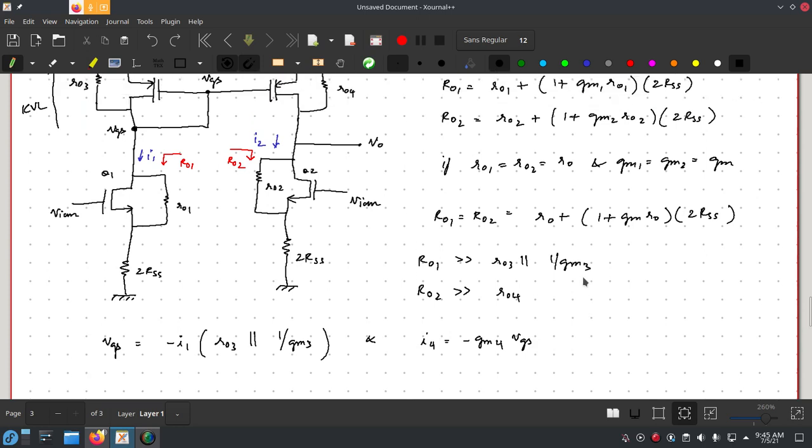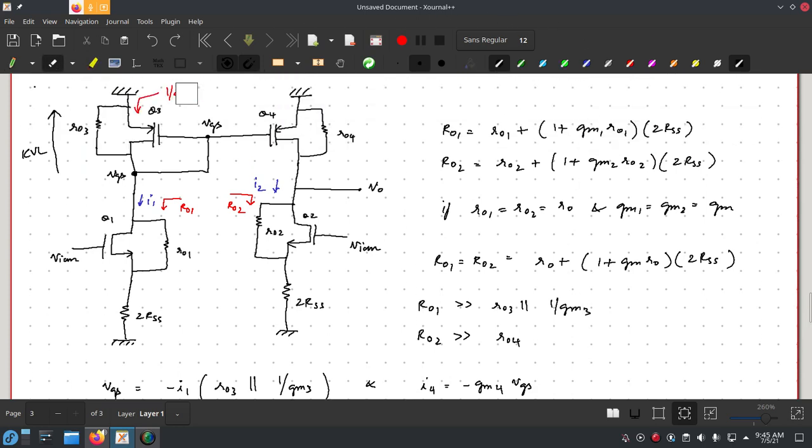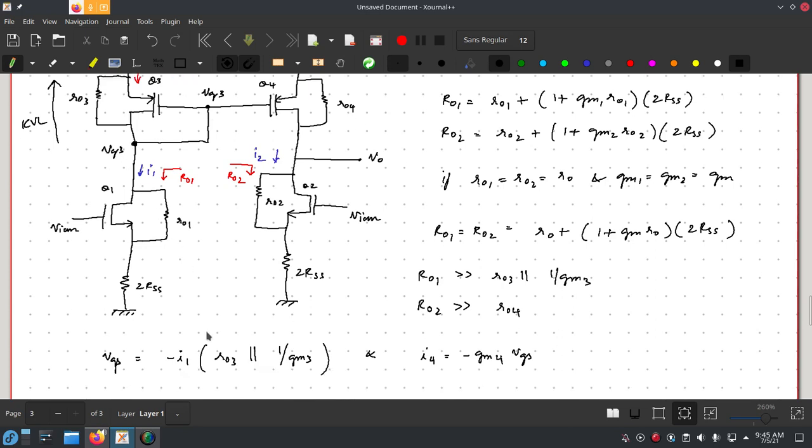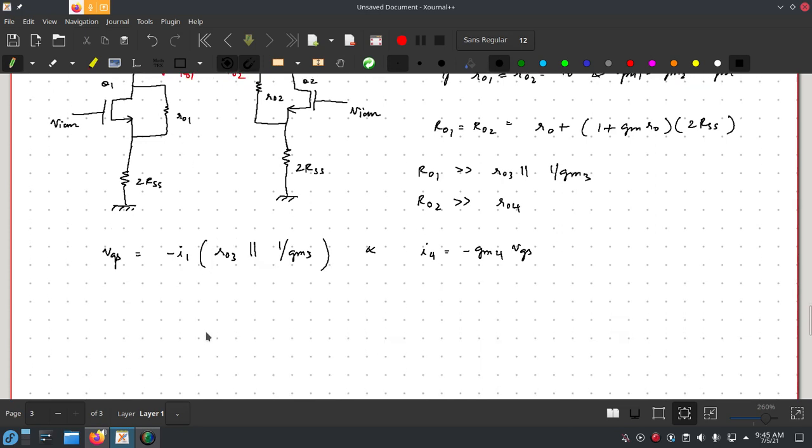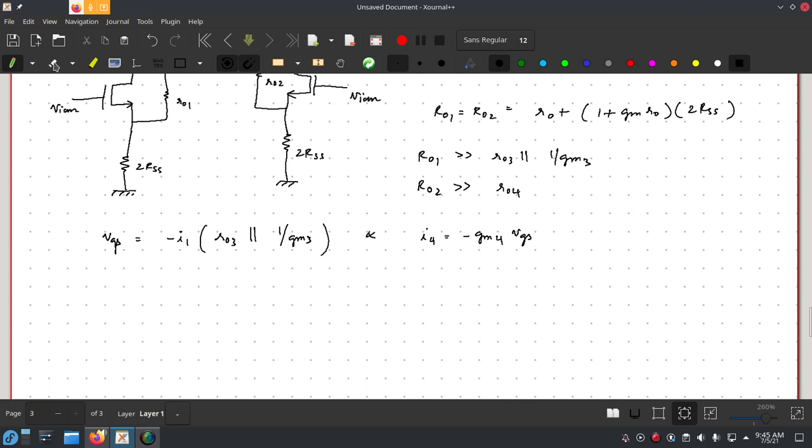Small confusion. This is not VGS. This is actually VG3, the gate voltage of Q3.